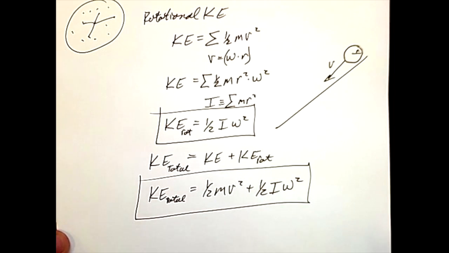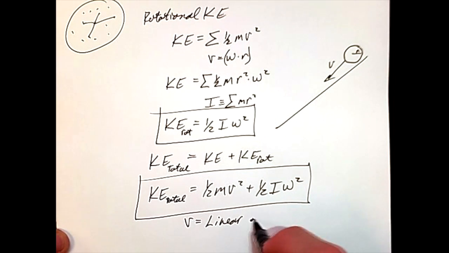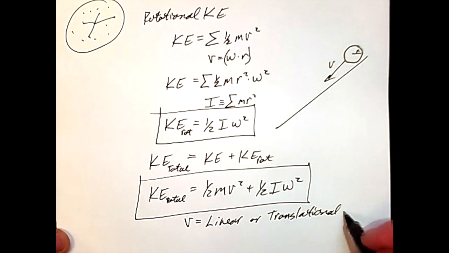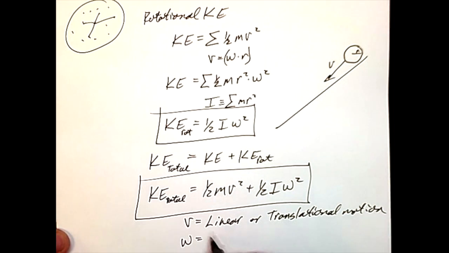In this case, the v is the linear or translational motion, and omega is the rotational motion.